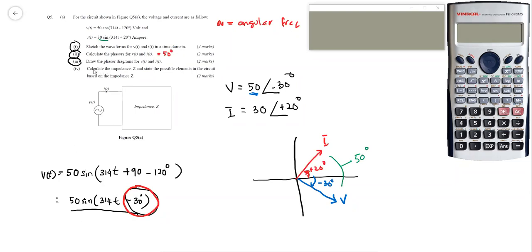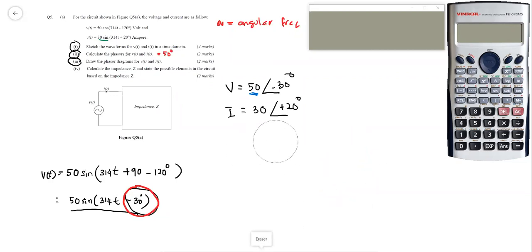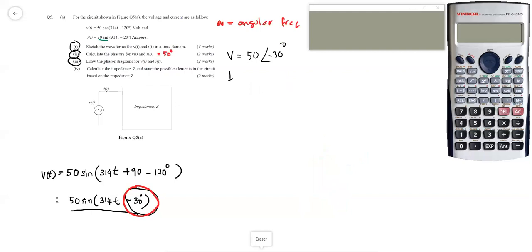And question number 4: calculate the impedance, which is your Z, and state the possible element in the circuit based on the impedance Z. So your V is 50 angle negative 30, and your current is 30 angle 20 degrees.